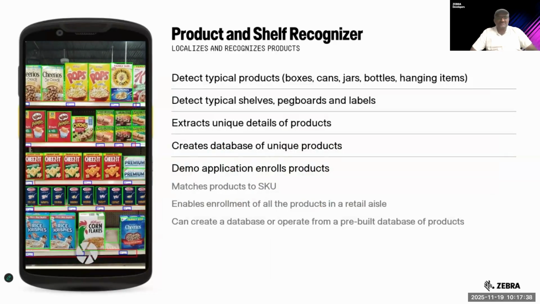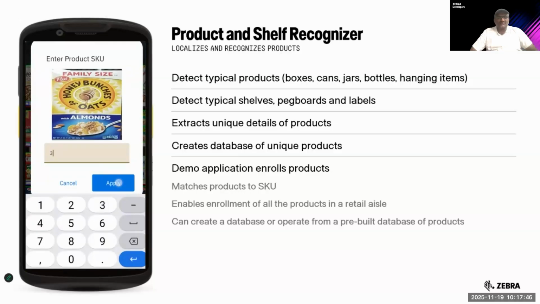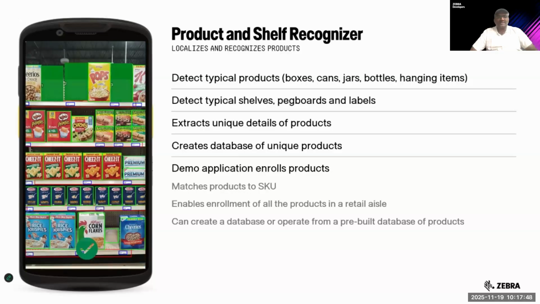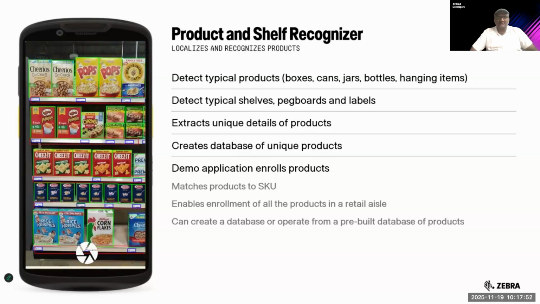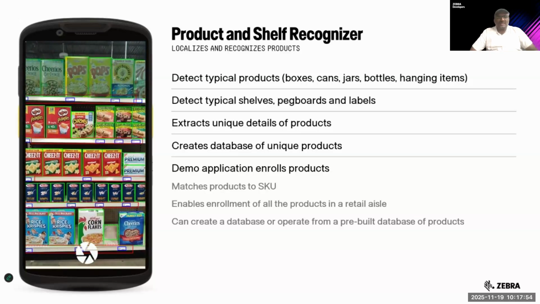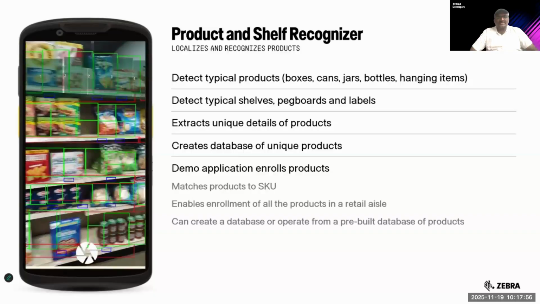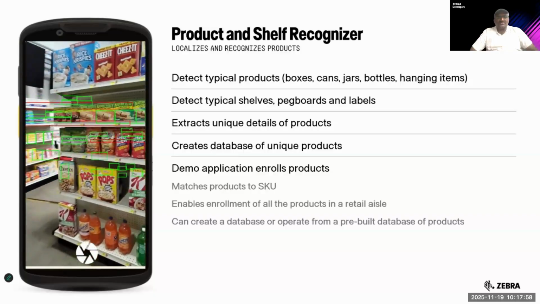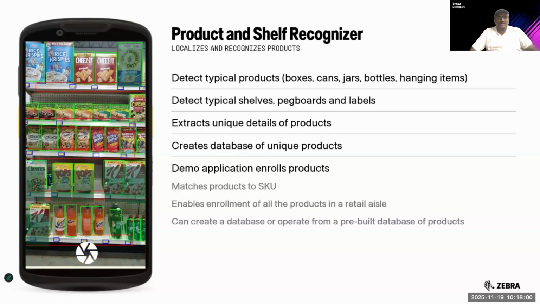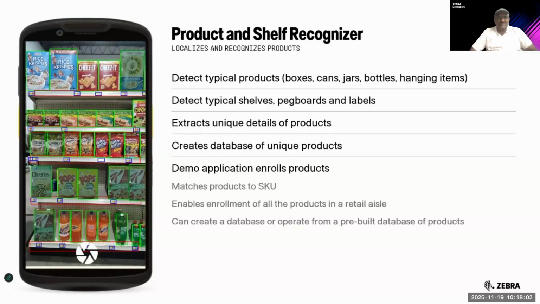The first step is to localize these products, and this is the process of enrollment, where each localized product is added with its label. In this case, it's a numerical representation, and you see these are getting recognized. And when you see a similar product, it's also recognized in the other shelf here.